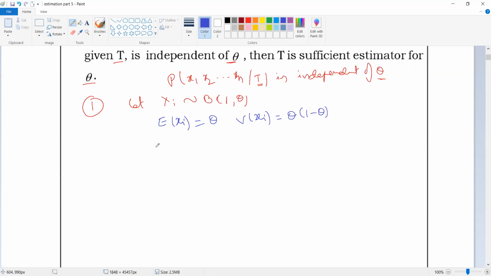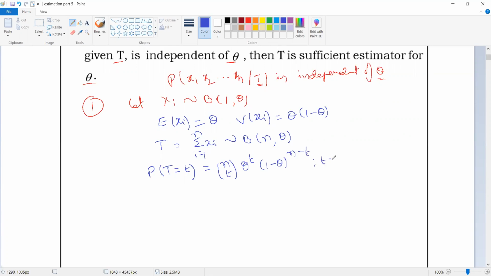Let T be equal to summation Xi, i is equal to 1 to n, which follows binomial n comma theta. The probability of T equal to small t is equal to nCt theta power t, 1 minus theta whole power n minus t, where t is equal to 0, 1, 2, and so on up to n.